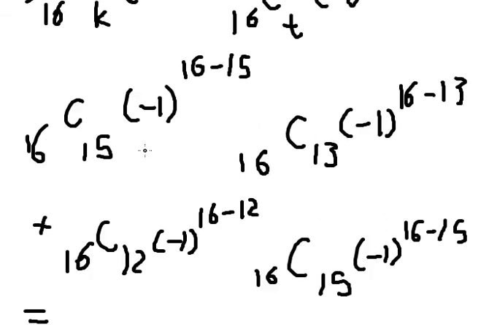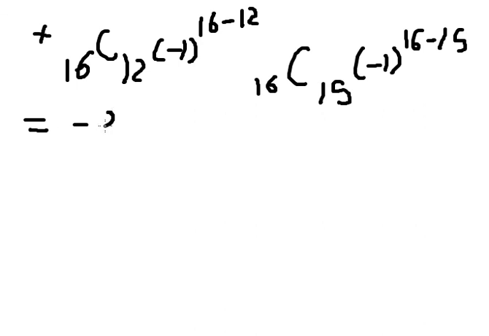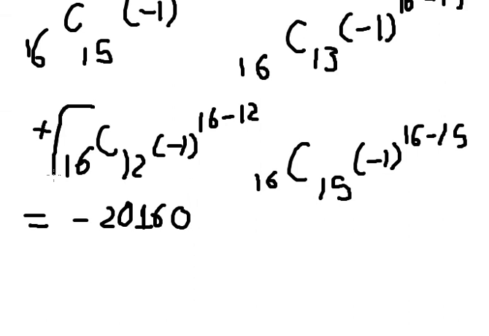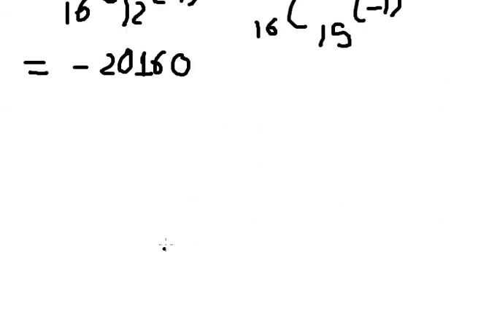So we calculate this one. We have negative 20,160. So for the combination, the formula to calculate should be like this.